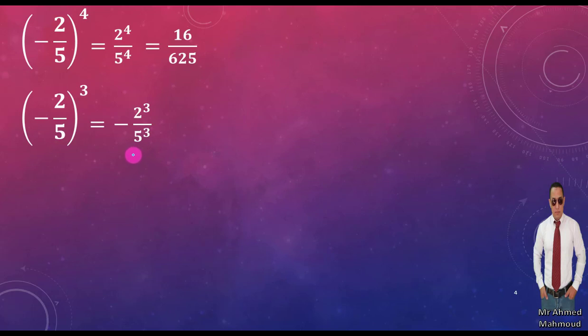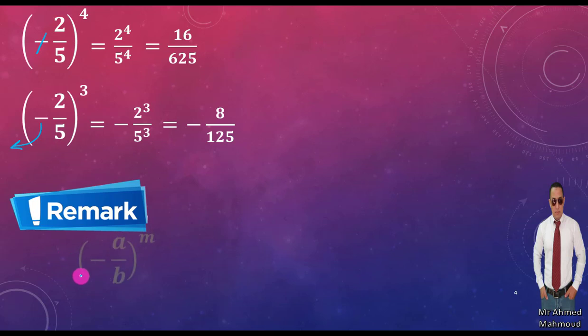So what is the rule? Sometimes I cancel the negative, and sometimes I leave the negative outside the brackets. By looking at the power, 4 here is an even number, and 3 is an odd number. So the even power cancels the negative between the brackets, and the odd power makes the negative come outside the brackets. So the rule: negative a over b all to the power of m.